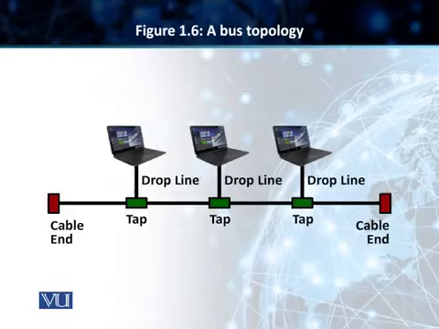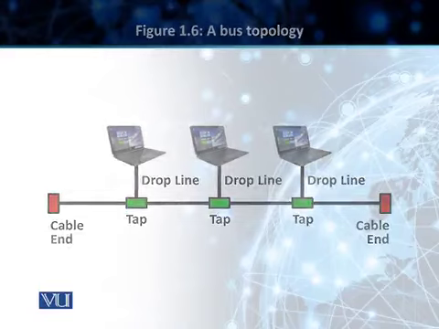If there is a fault or a break in the cable, it actually stops the whole transmission. Say from one cable end to the other cable end, if you're trying to send data, if there is a break between machine 1 and machine 2, the whole communication stops, and there is essentially nothing that can be transmitted along this bus.